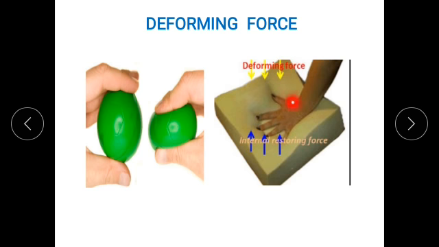But at the same time, there is some internal force which opposes that external force, and it is called the internal restoring force. And this change in shape and size of the body lasts as long as that force is applied. If the force is released, then the body returns to its original shape and size.